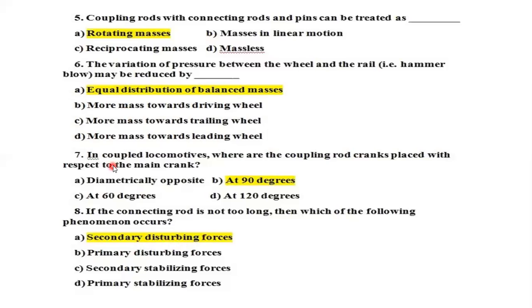In the previous question, in coupled locomotive, where are the coupling rod cranks placed with respect to the main crank? Actually it's diametrically opposite. One small mistake to avoid is that it's not at 90 degrees, it's actually diametrically opposite. So the correct answer is, they are placed diametrically opposite to the driving crank or main crank.